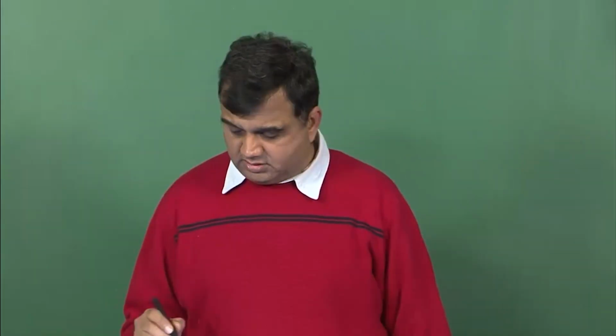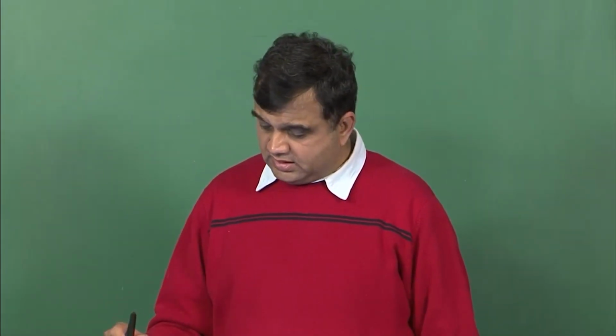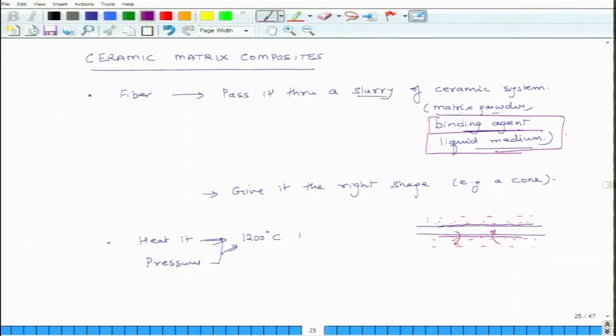Now, one important parameter is that this diffusion will be effective only if the size of the matrix material is right. See, it has to go into the fiber, right? And this is my fiber cross section.